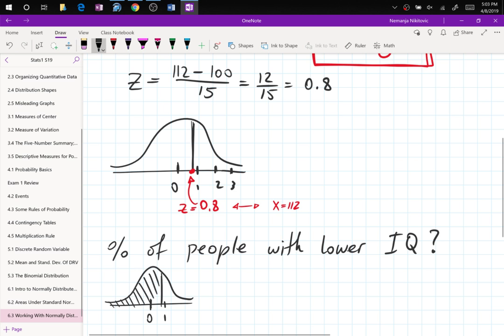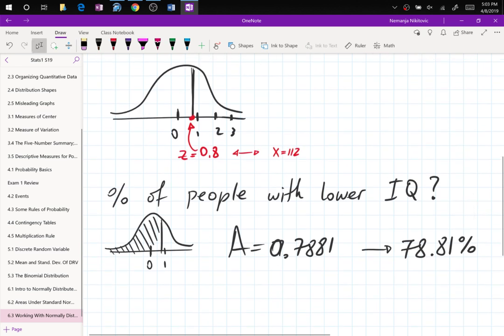So 0.8 is 0.7881, which means that 78.81% of people have a lower IQ than 112.